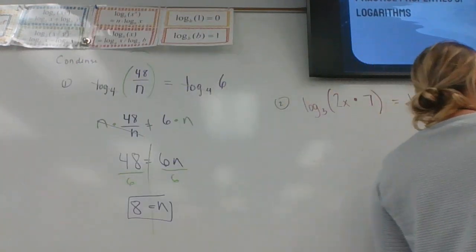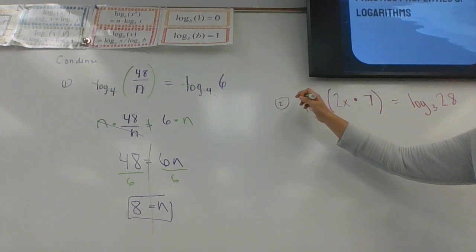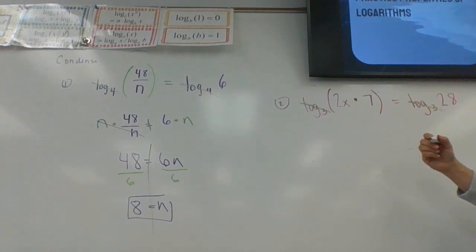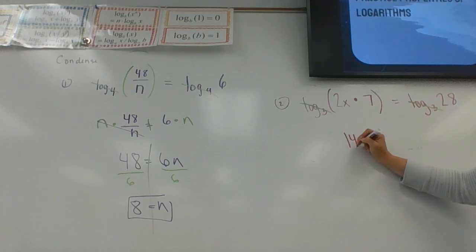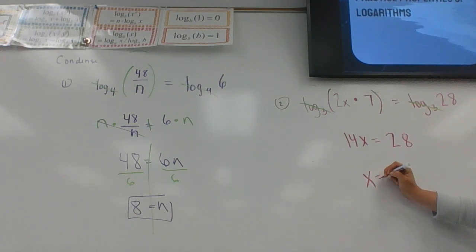And then you have the same log on the left and right, so you can drop the logs and equate arguments. Do all the same stuff. So this is 14x equals 28, which means that x is 2.